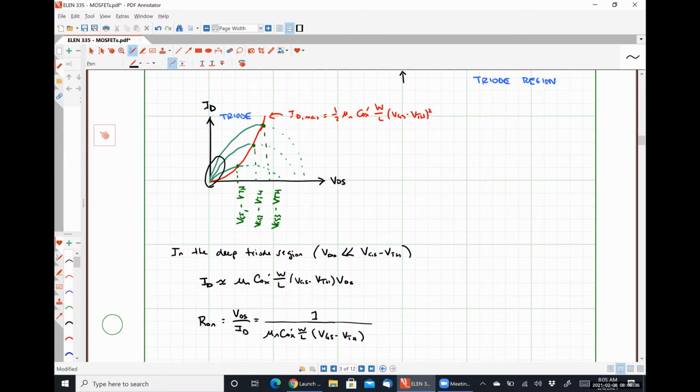So if the oxide capacitance has some certain value, if we want to hit a specific capacitance, we simply choose a width to length ratio that gives us the capacitance that we're looking for. Now we see how we can use MOSFET transistors to develop resistors in an integrated circuit.